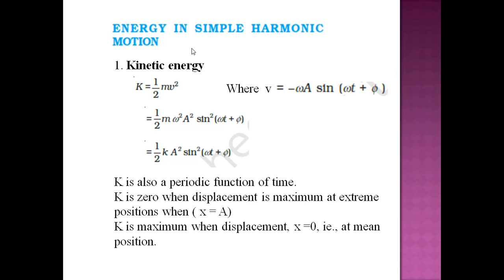A correction there: kinetic energy will be 0 when displacement is maximum, or when the oscillating particle is at extreme positions, x equal to plus or minus a. And kinetic energy is maximum when the oscillating particle is at the center. The center position is called the mean position or the equilibrium position, and displacement will be 0 there.